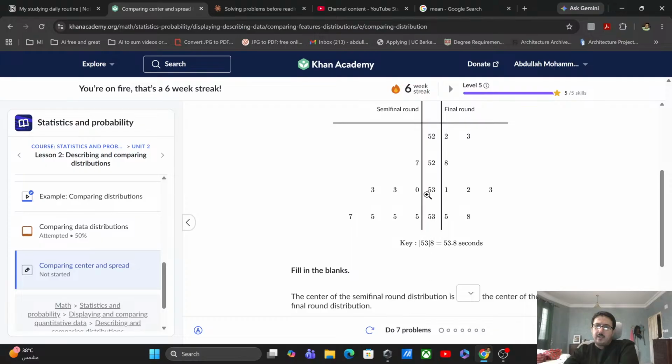The semi-final distribution is less than or about the same as the center of the round. How is this related? The distribution and the center. What does that mean? The center, the mean.